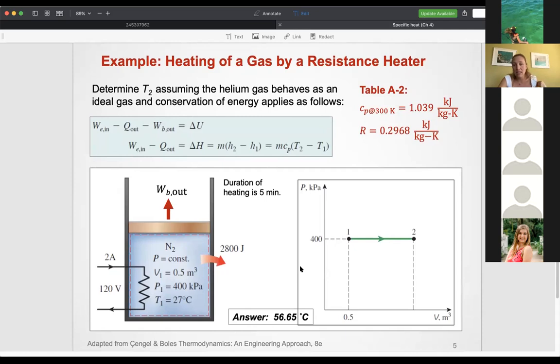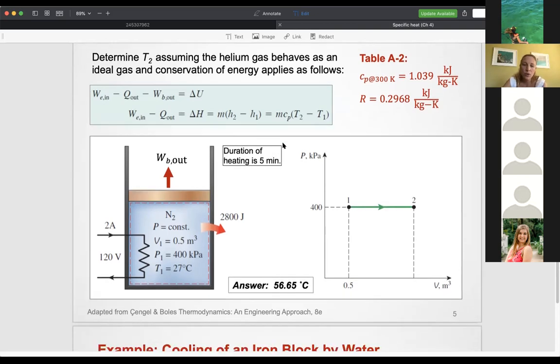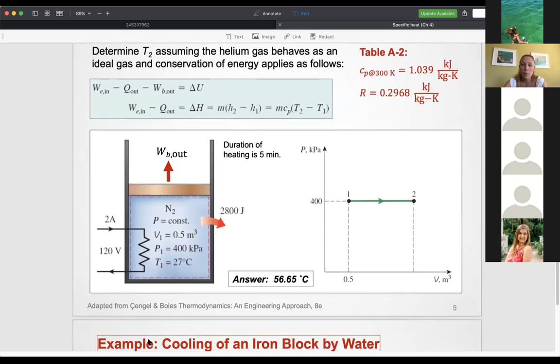We're losing heat. Here's this problem we did, condensed, showing that we have our work minus heat minus work is change in internal energy. We converted this internal energy into change in enthalpy because that is where we can use our constant pressure specific heat. So here's the problem we just did, displayed nicely from the book.